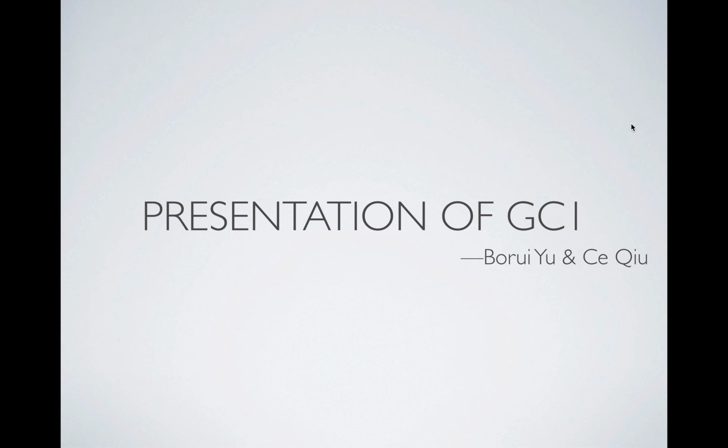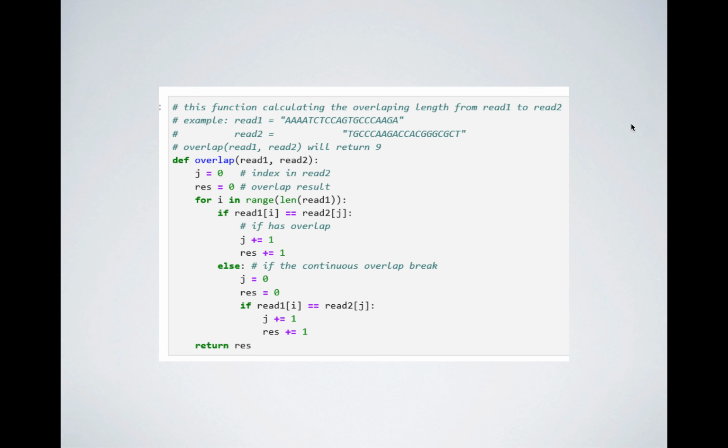So let's start off with the rest of our functions. The first function is calculating the overlapping length from read 1 to read 2. This is very similar to the graph problems.